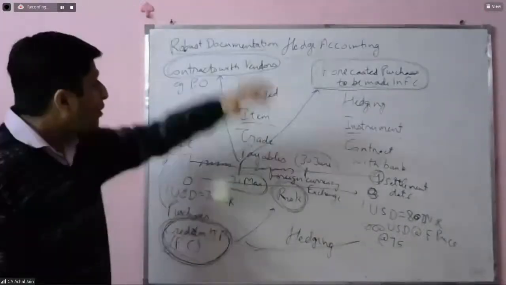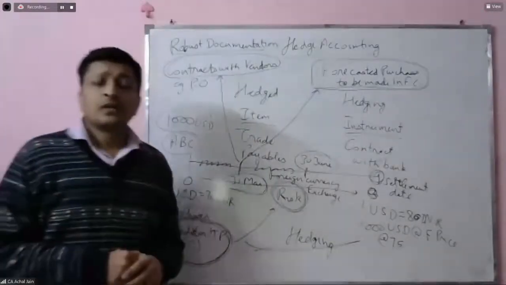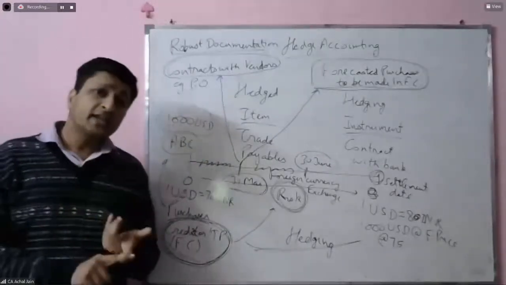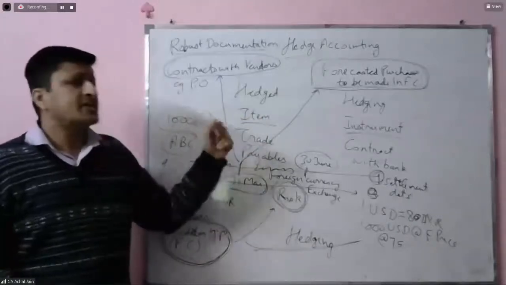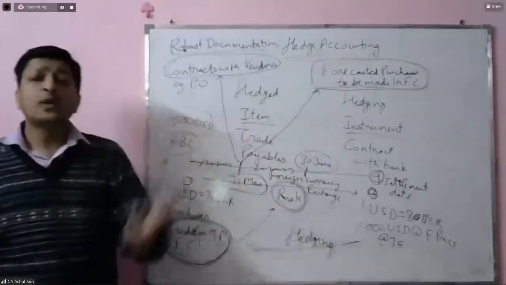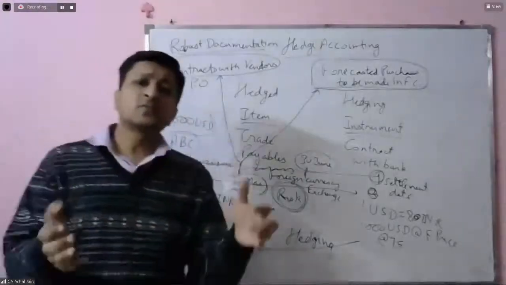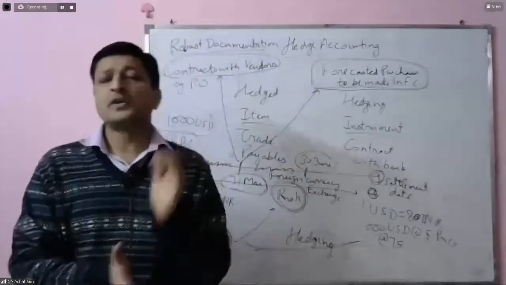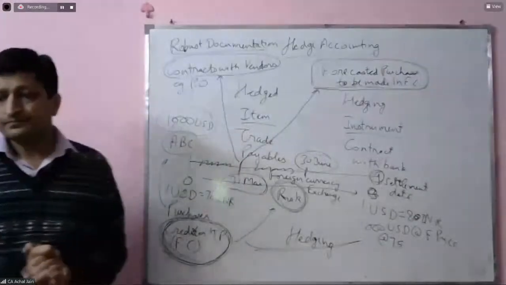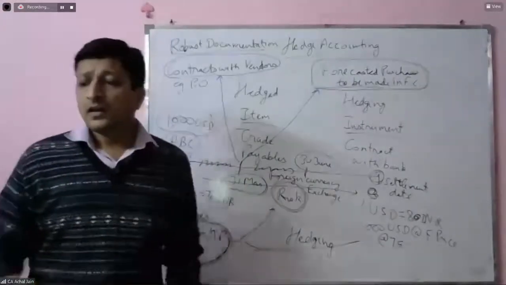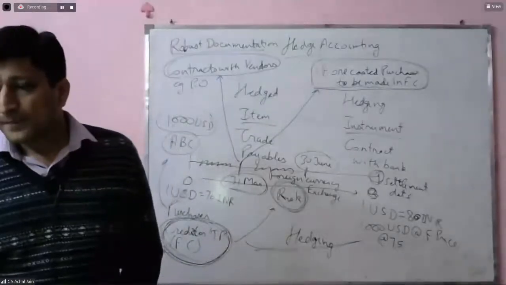And for doing all of these things, robust documentation is required to be done, wherein the entity needs to identify clearly what is hedged item, what is hedging instrument, what is the hedge effectiveness. And there are a lot of other things which are required to be incorporated in that documentation. Okay, clear on this? Clear on the documentation part?